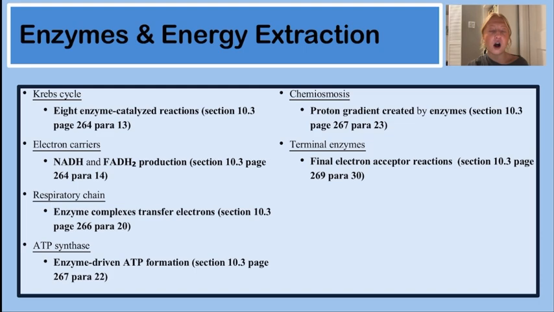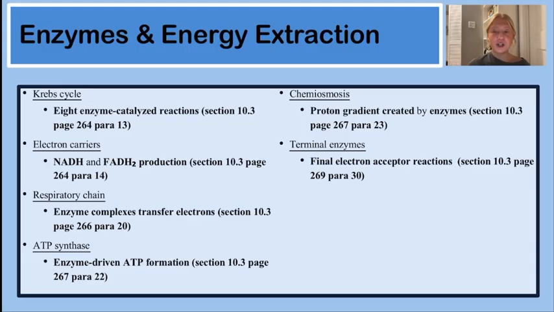After glycolysis, enzymes continue to drive metabolism through the Krebs cycle, which consists of 8 more enzyme-catalyzed steps that extract electrons and carbon from the acetyl-CoA, and these enzymes reduce NAD+ and FAD, forming NADH and FADH2. These carry high energy electrons to the respiratory chain.